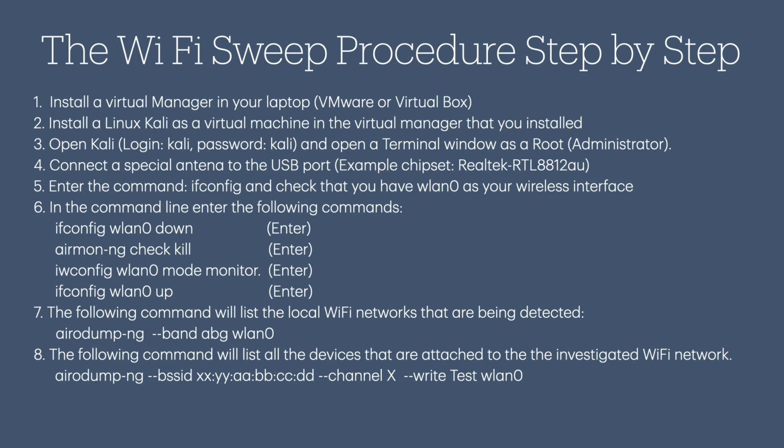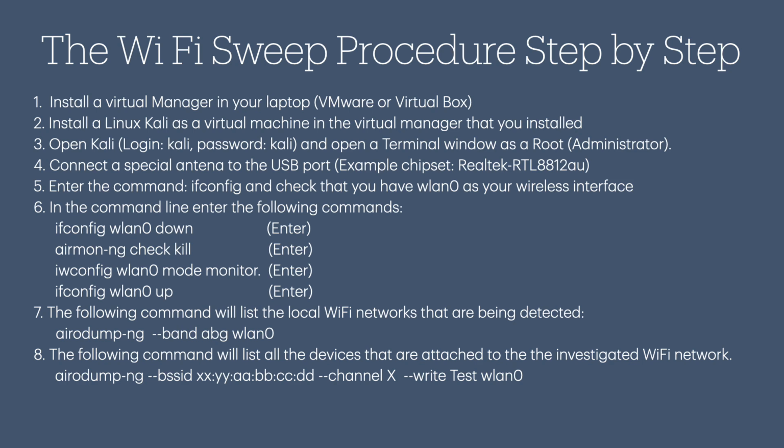So number 7 is the following command that will list the local Wi-Fi networks that are being detected. And the command is airodump-ng space dash band space abg space wlan0. The Wi-Fi networks will appear with some information on each network that will enable us to detect the network that we want to analyze.